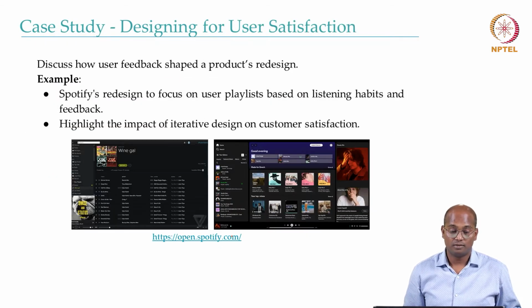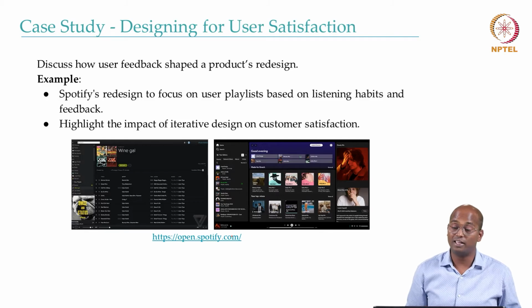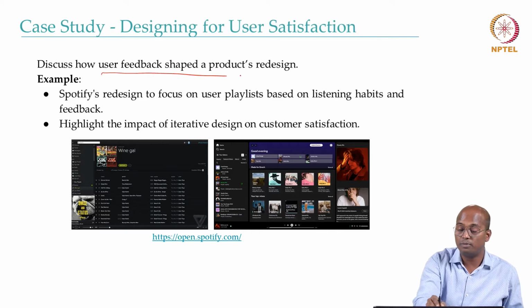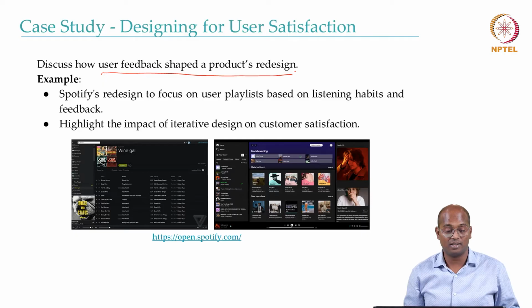So let's discuss a case study here, designing for user satisfaction, because at the end of the day, if the user is not satisfied with the solution or the product that you have built, they are going to leave your system, and that is something you never want as a company. So let's discuss how user feedback shaped a product redesign.